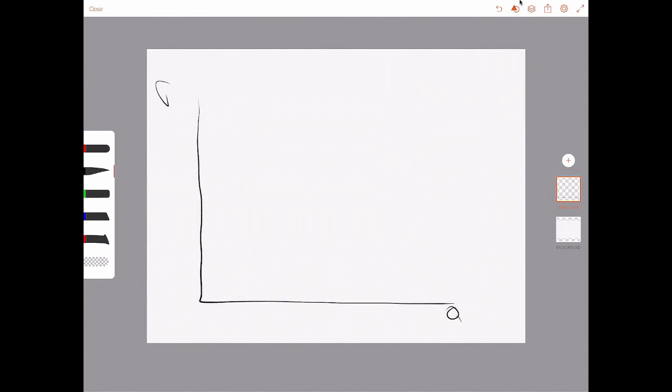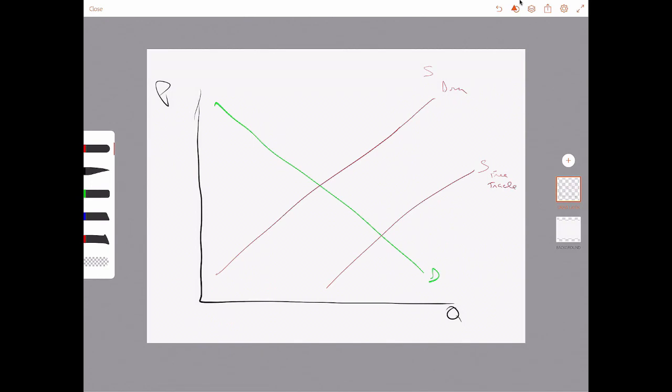Once again, here's quantity, here's price. Here's the domestic supply. Here's the demand. And we had introduced this free trade supply. Okay, so here we are. Here's the price before free trade.